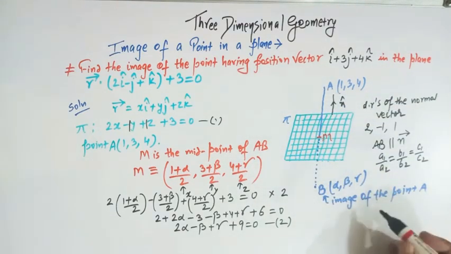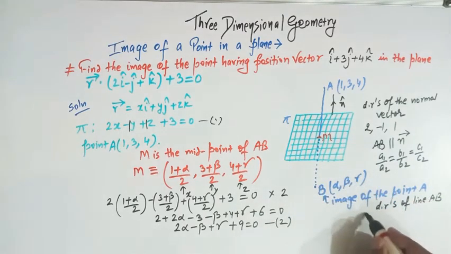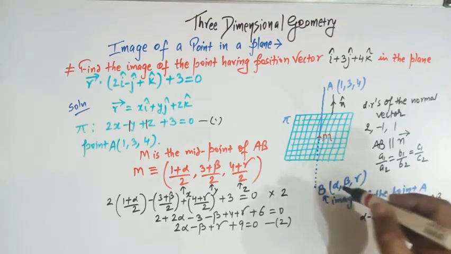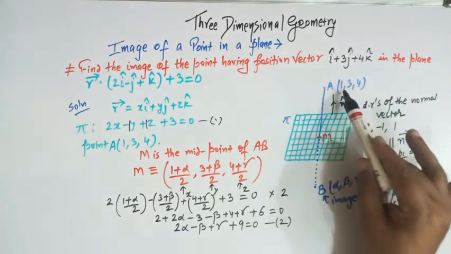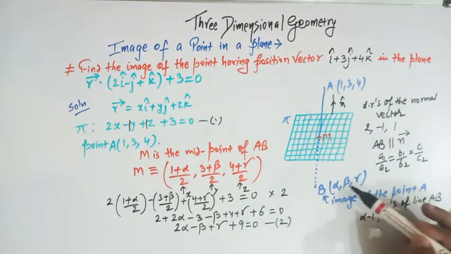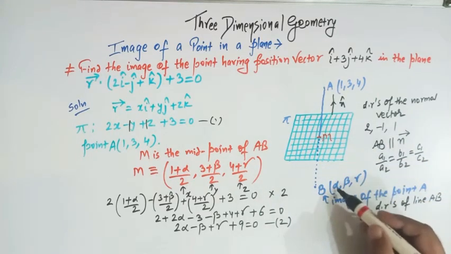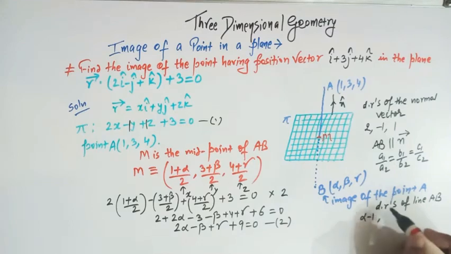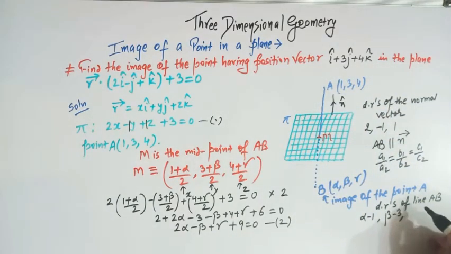Now the DRs of line AB are given by alpha minus 1, because if we have a vector joining two points (x1, y1, z1) and (x2, y2, z2), then the DRs can be written as x2 minus x1. So we have alpha minus 1, then y2 minus y1, that is beta minus 3, and then z2 minus z1, so we have gamma minus 4.